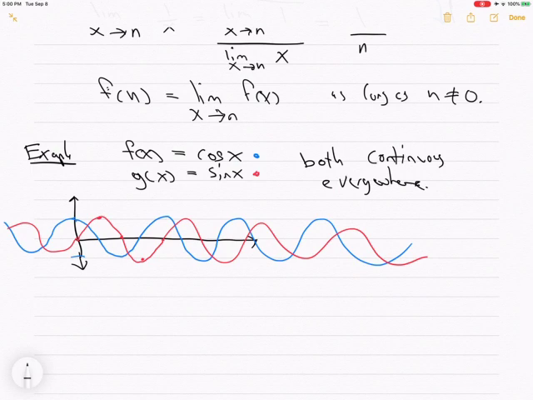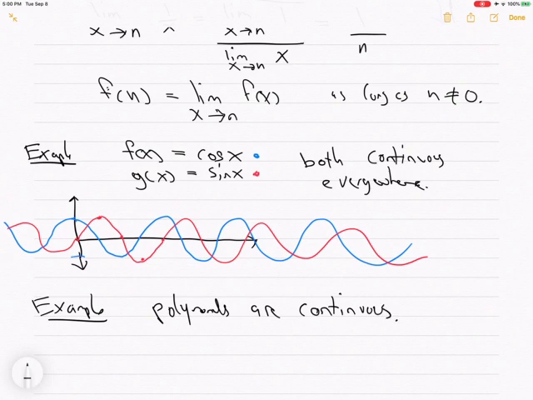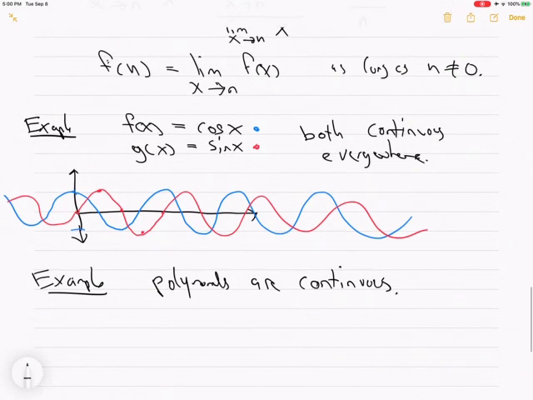Once you know it's continuous, you can just calculate the limit very easily. Example, polynomials. Polynomials are continuous. Let's just keep going. The exponential functions are continuous.